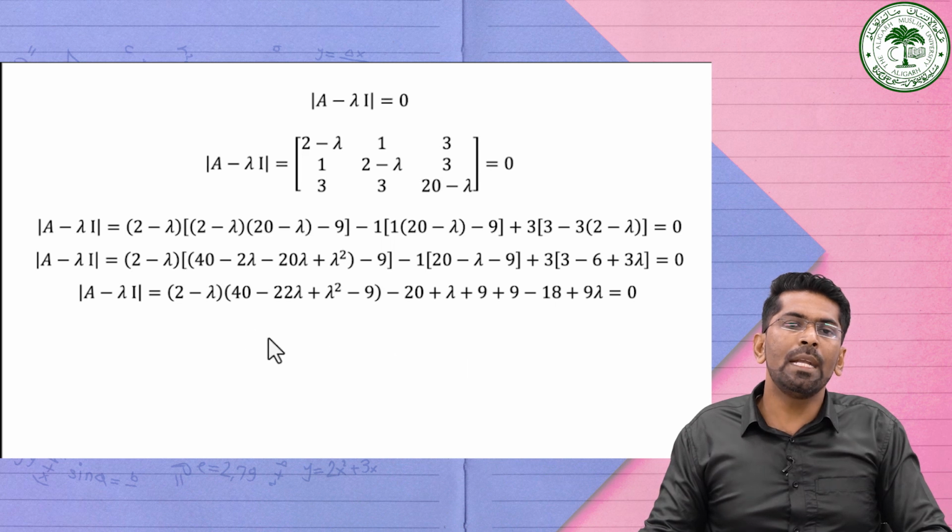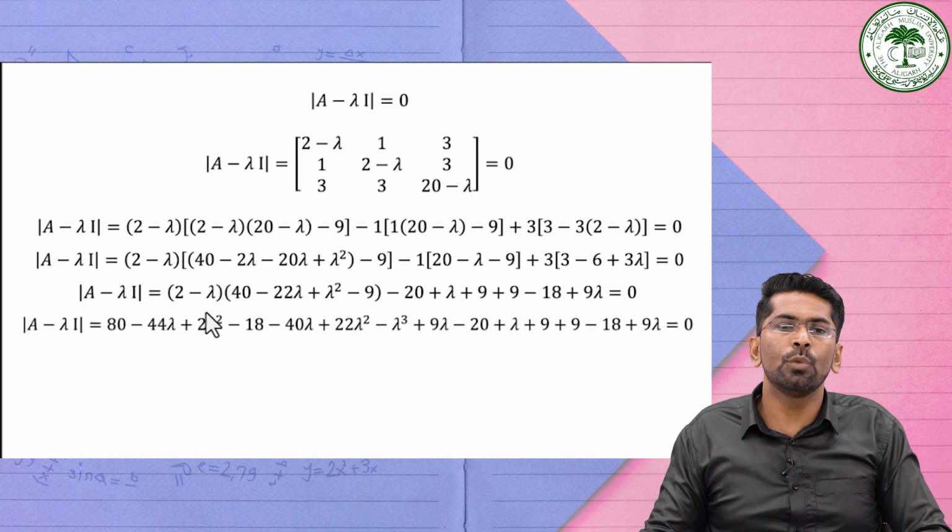Now we multiply 2 minus lambda and this bracket term. It becomes 2 into 40, which is 80, 2 into minus 22 lambda, which is minus 44 lambda, 2 into lambda square, which is plus 2 lambda square.